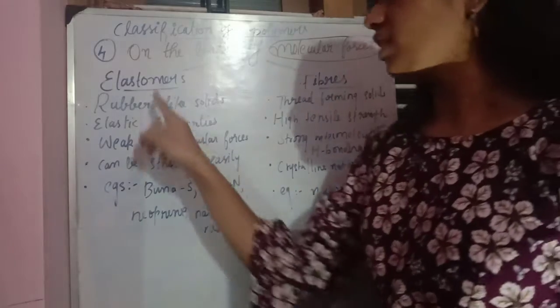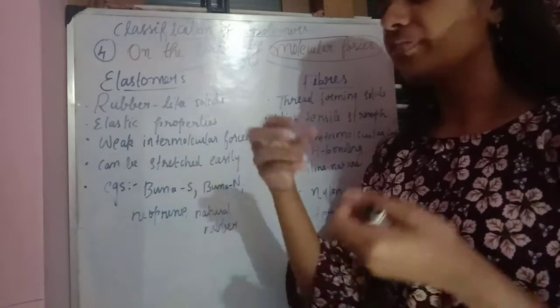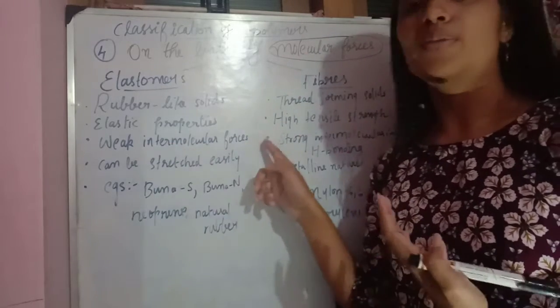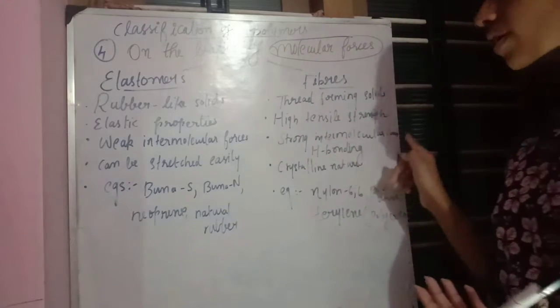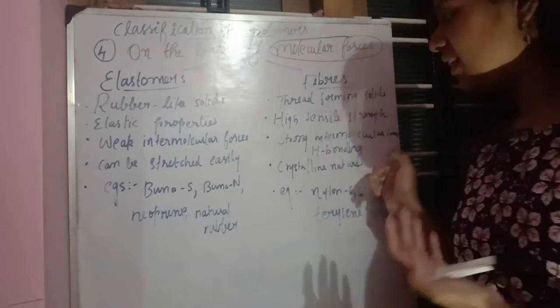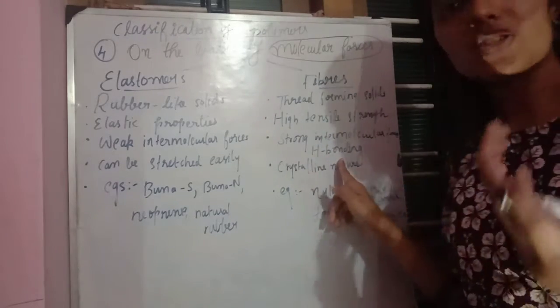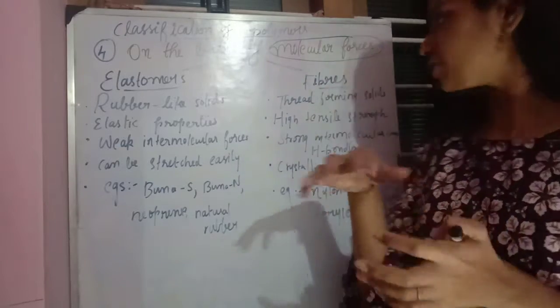Now the third point. Elastomers have elastic properties, so you can say that they have weak intermolecular forces. Comparatively, fibers have strong intermolecular forces, which can be hydrogen bonding between the polymer chains of these fibers.